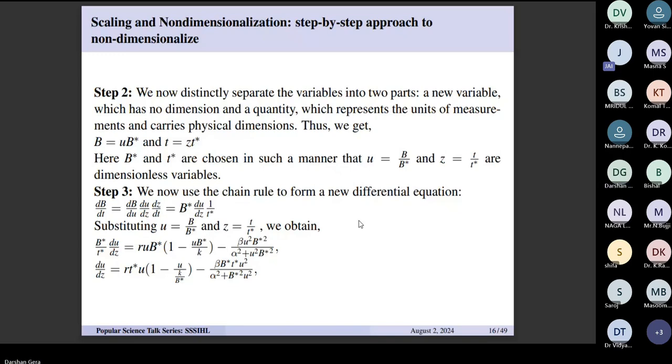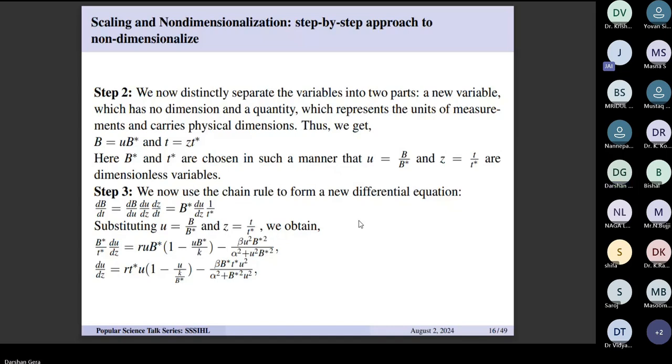We are going to separate B and t by using new variables u and z, and quantities B star and t star that will be suitably chosen. We have to choose them in such a way that u equals B by B star and z equals t by t star.